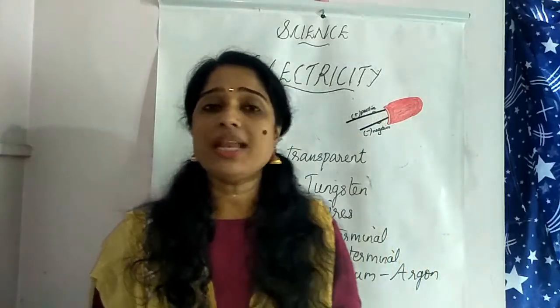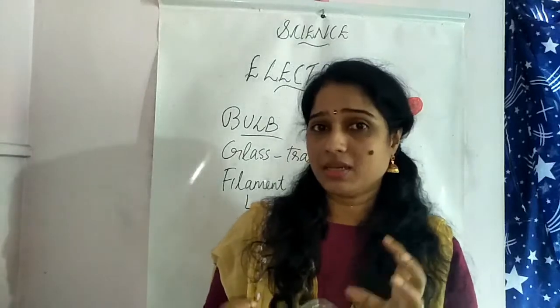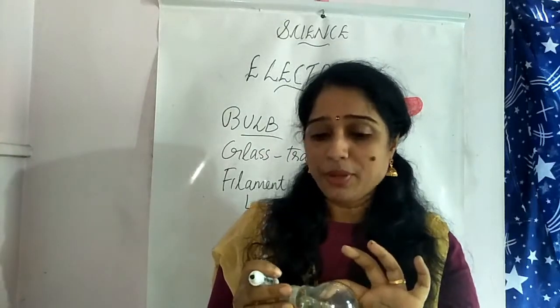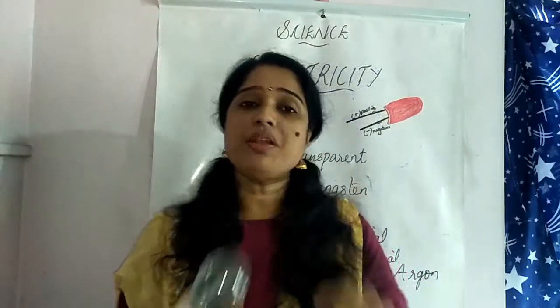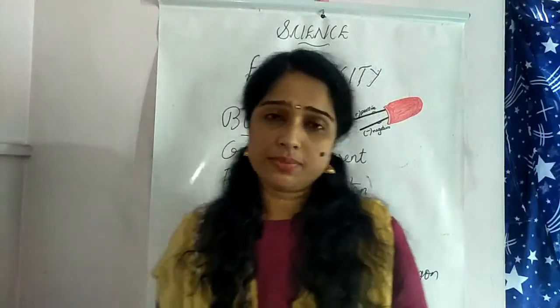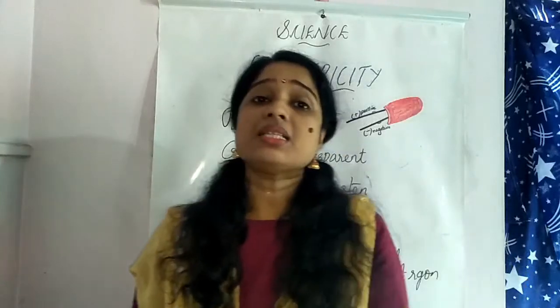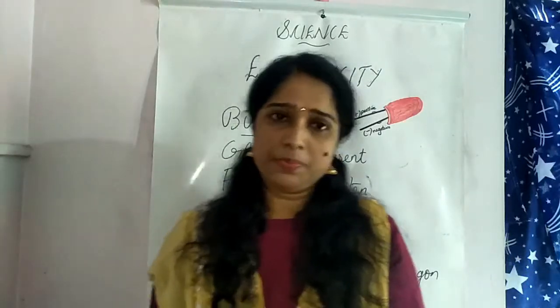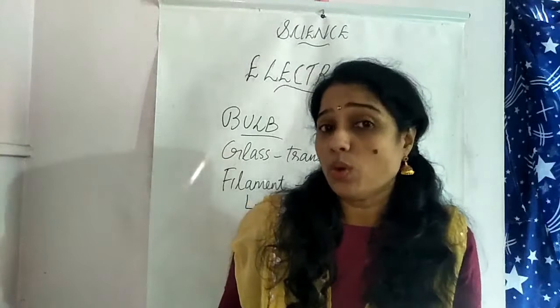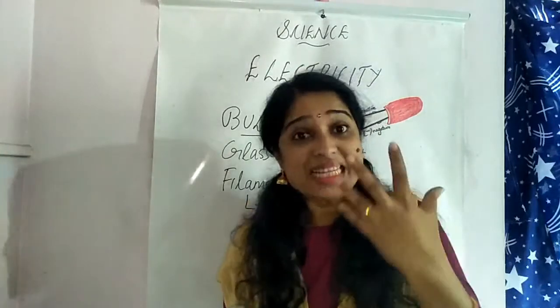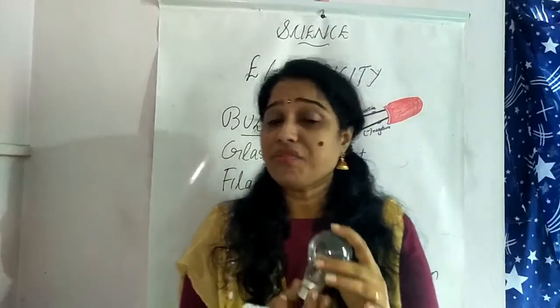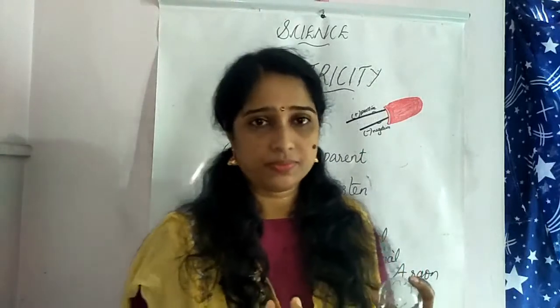So when electrical energy, electricity, passes through the bulb, what happens? The tungsten filament starts to heat. When electricity passes through the bulb, the tungsten filament heats up and gets heated more. Then what happens? At high temperature, the tungsten filament starts to melt.